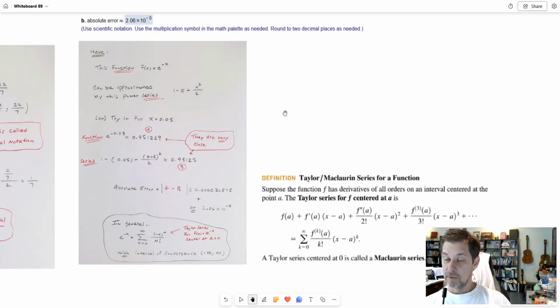I'll make one more comment. Why would we want a series that approximates a function? Why not just use the function? Two answers to that. It turns out that power series like this in place of functions are a technique that scientists and engineers use to solve things called differential equations.